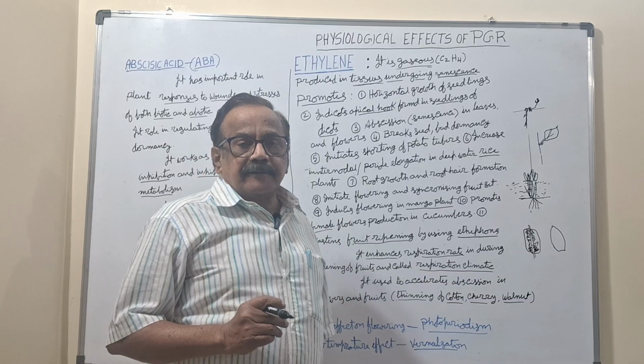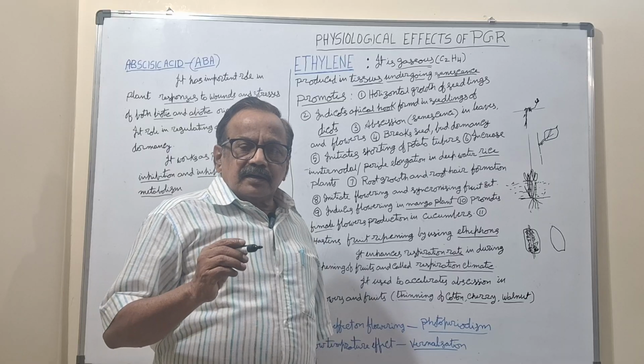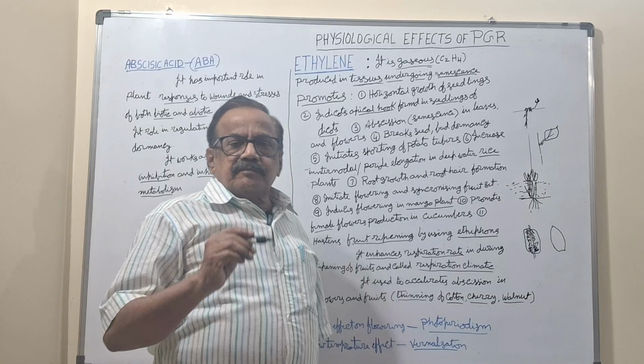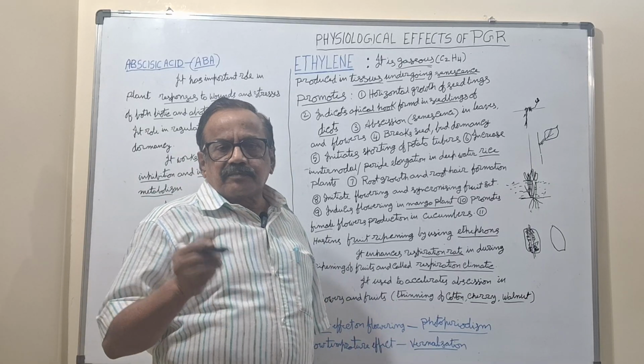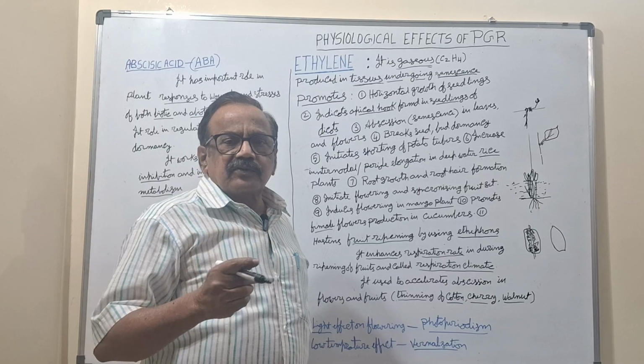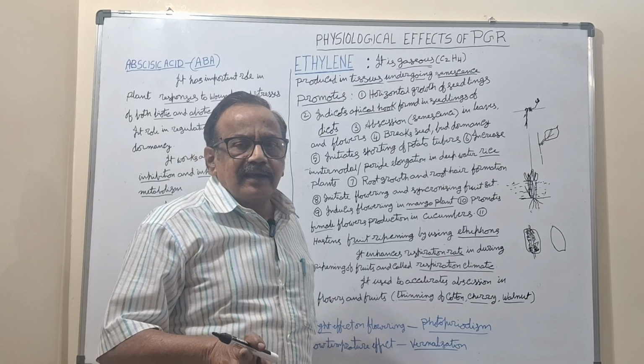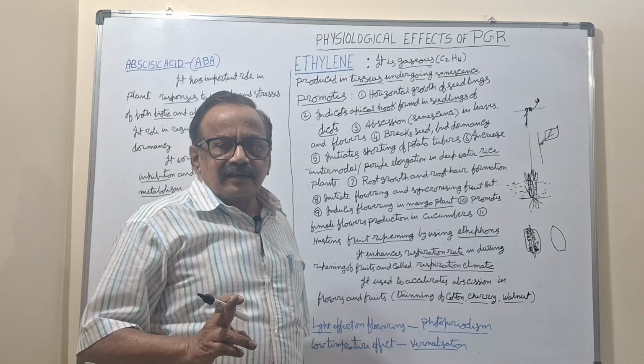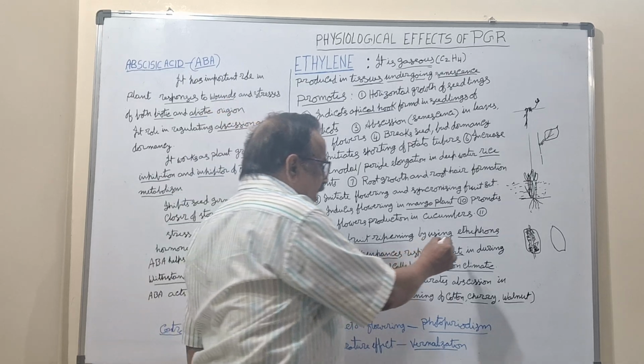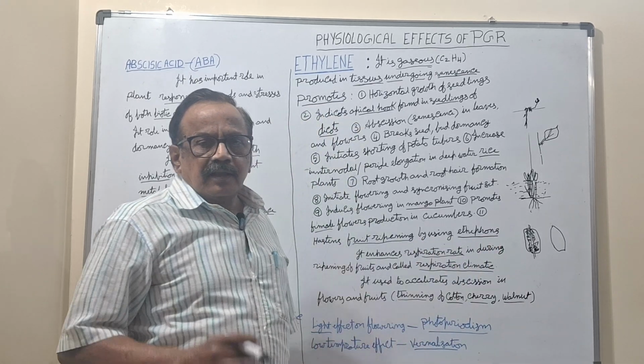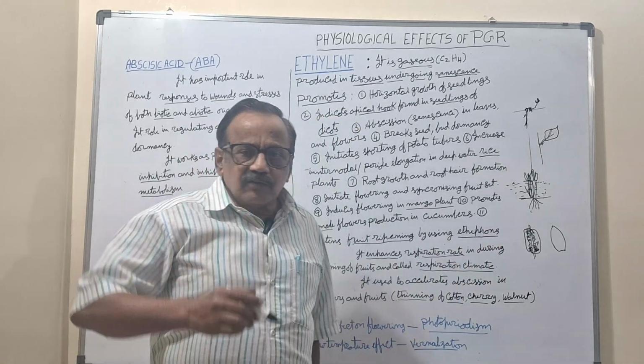Ripening will be delayed. But if you spray the ethylene on that matured fruit, it will ripen early. How is it? Ethephon is a chemical. Artificially we are using it on fruits.